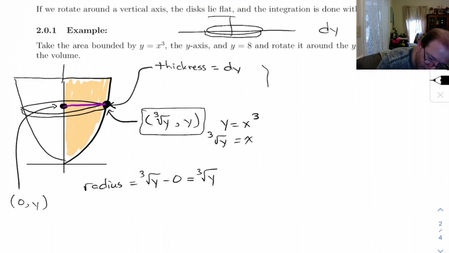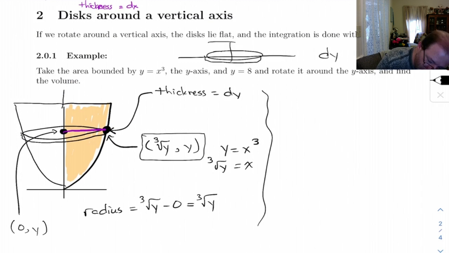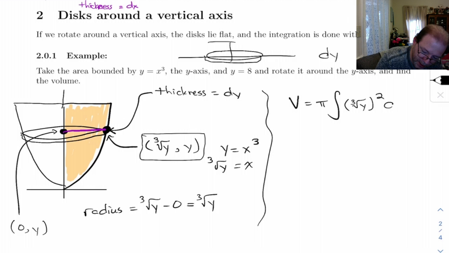So that means, after all this, the volume is going to be pi times the integral of the radius, cube root of y, squared, times the thickness dy. And now what about our endpoints?